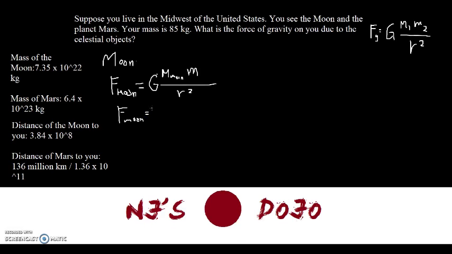So for the force of gravity of the moon, we know that the gravitational constant is simply 6.67 multiplied by 10 to the power of negative 11, and multiply that by the mass of the moon, which is again 7.35 times 10 to the power of 22, and then we multiply that by our own mass, which is 85 kilograms, divided by the distance between the moon and ourselves.